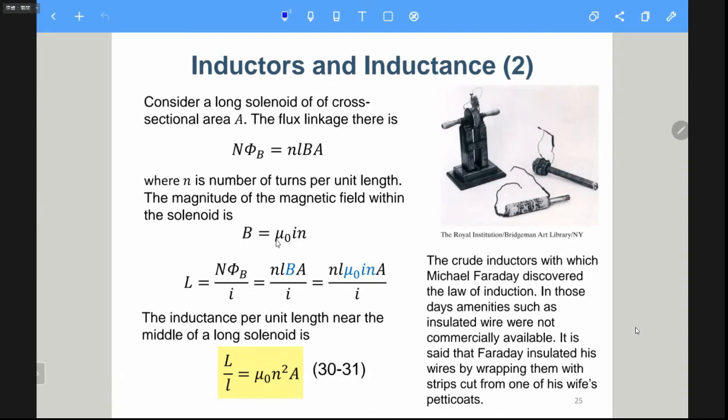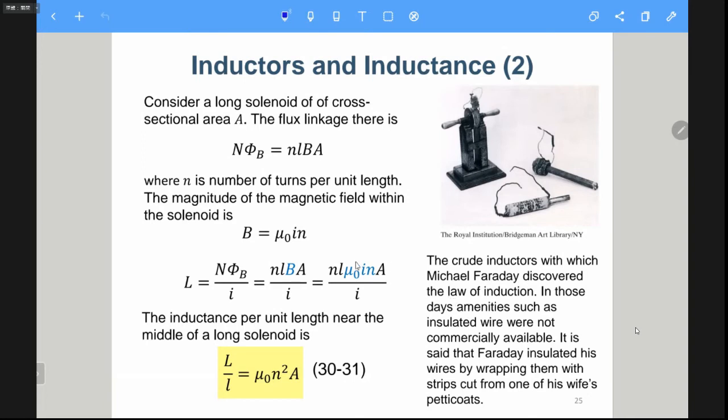So we can plug in all the things there. L equals N phi B over I is the definition of the inductor. And then N phi B is this one, so we plug this one here. And also we know the magnetic field generated by this solenoid is this one, so we plug this into here. So we have n l mu naught I n A over I.